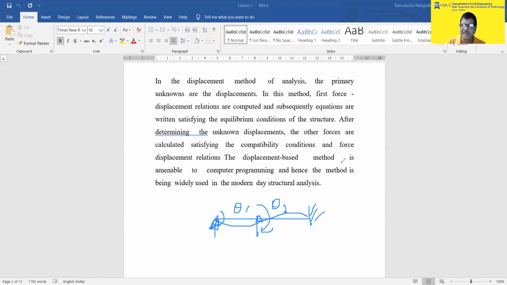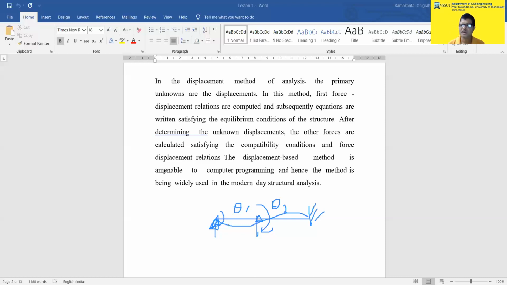The displacement based method is amenable to computer programming, and hence the method is widely used in modern day structural analysis. Out of the force method and the displacement method, the displacement method is widely accepted because it is easy to do calculations and you can make programming. The problem with the force method is which force you declare as the unknown, which is also a point of discussion.